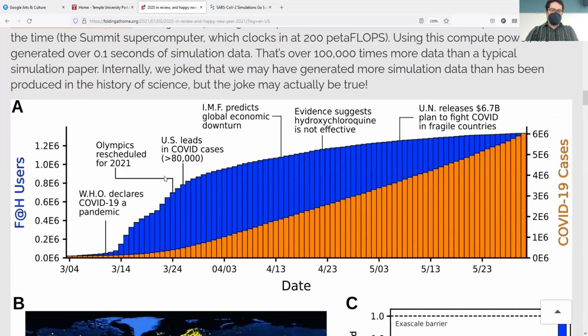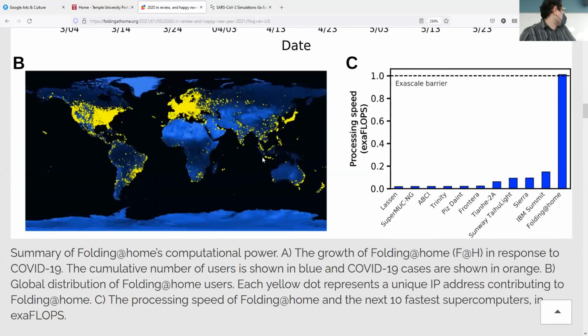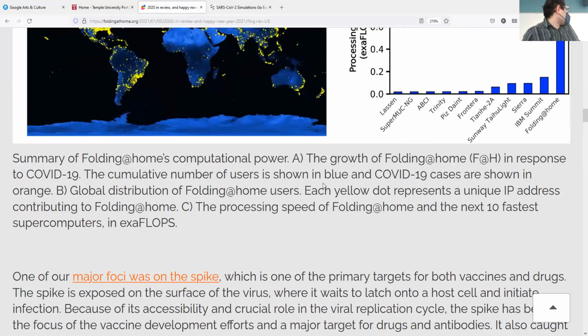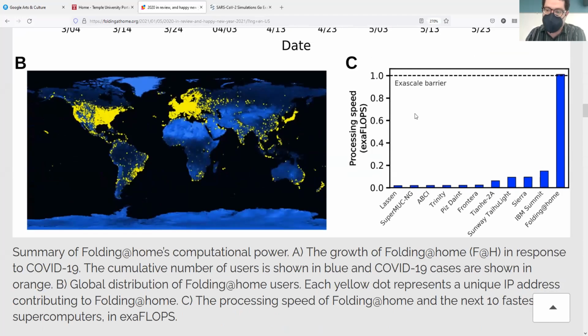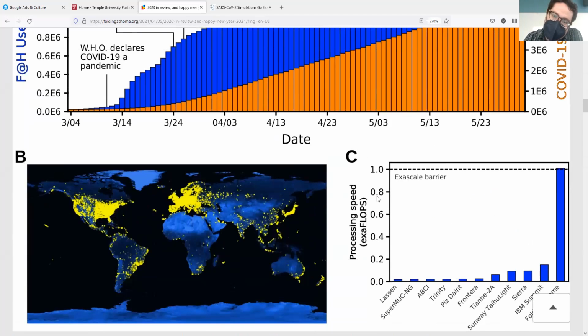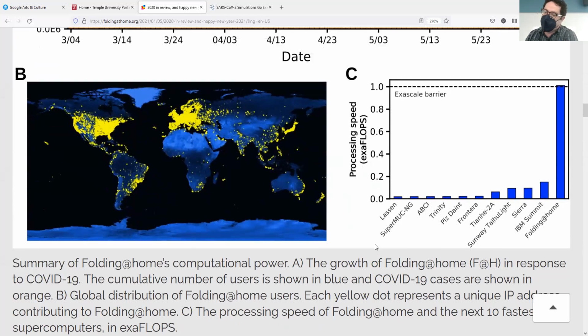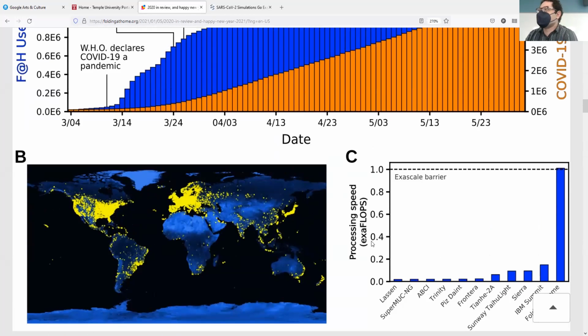You can see here that there was a huge spike after it was declared a pandemic for the number of people who started doing Folding@home. Here, these are the processing speed in exaflops, which is floating point operations per second, a weird way of measuring computing power, but it's the standard right now.